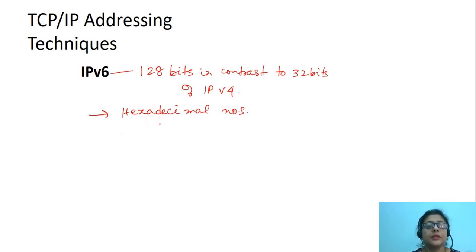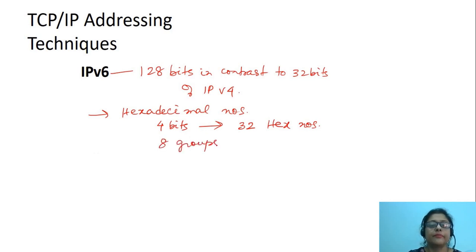Each hexadecimal number is 4 bits long. So we can say in total there are 32 hex numbers. These are divided into 8 groups, and they are separated by colons.